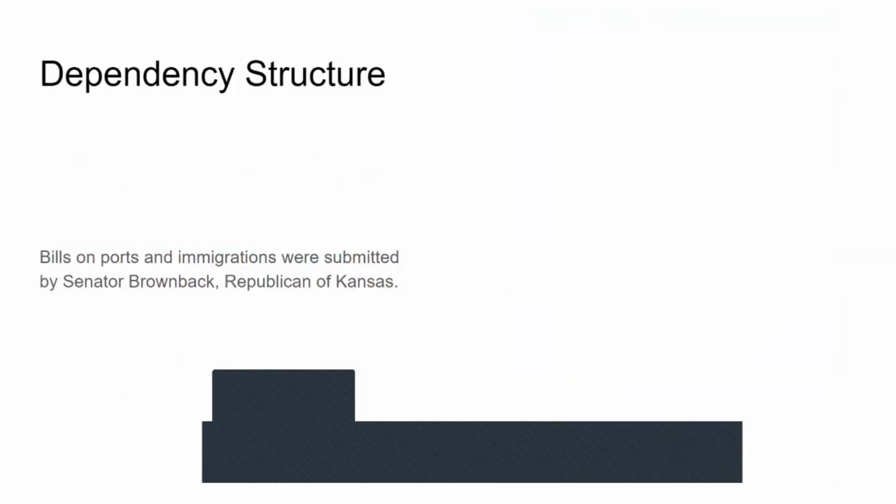Bills on ports and immigrations were submitted by Senator Brownback, Republican of Kansas. Looking at this sentence, we can probably tell that the verb we're looking for here is submitted. So this person did something. That's how we know that something was submitted by someone. The bill was submitted by this person. So this is how we figure out what the dependents of submitted are: the bills and this guy.